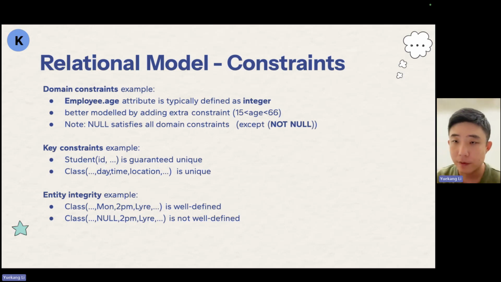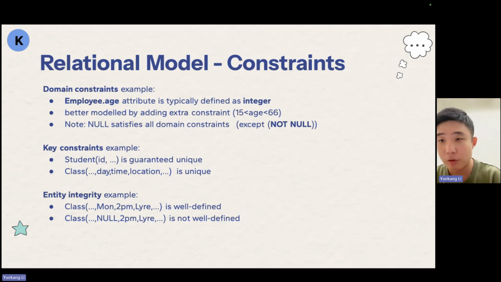As for the value, we can also add some constraints for the value of this attribute. So we can say that the age of an employee should be in the range of 15 to 66. This is the domain constraint. And there's a special case.